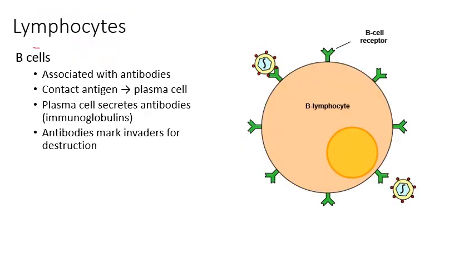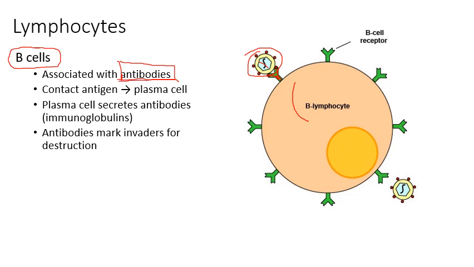The first of those lymphocytes are the B cells, the B lymphocytes. These are the ones you've heard produce the antibodies. You can see here's a B lymphocyte. They have receptors, and these receptors are specific for a certain pathogen. When they come in contact with that pathogen, they will start making antibodies associated with it.